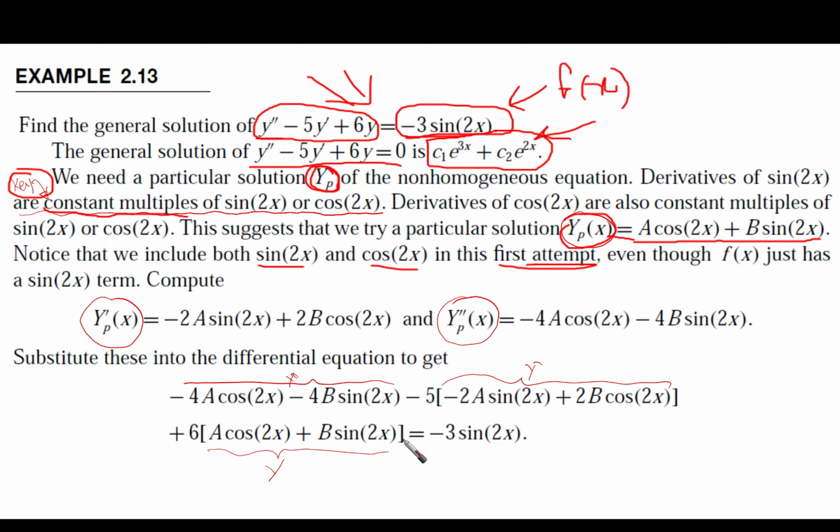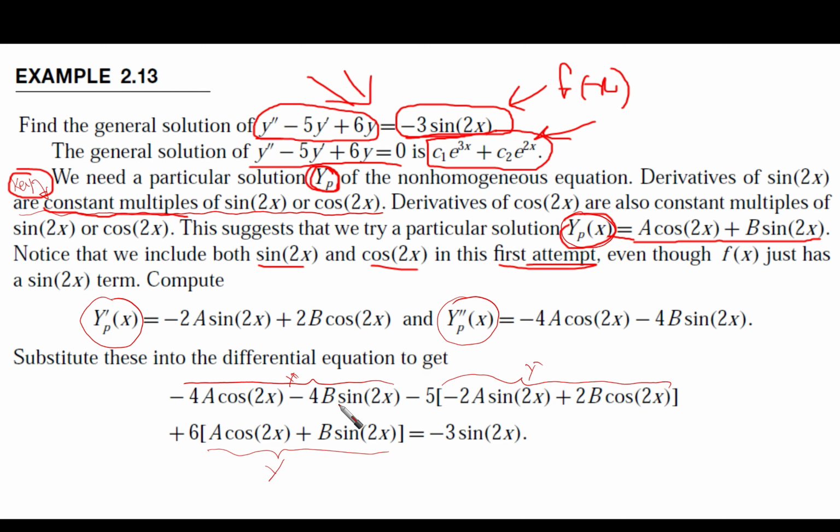And plus 6 times y, which is a cosine plus b sine, equals the right-hand side of the non-homogeneous equation, which is minus 3 sine 2x. Rearrange all of them, and you're going to find the following.